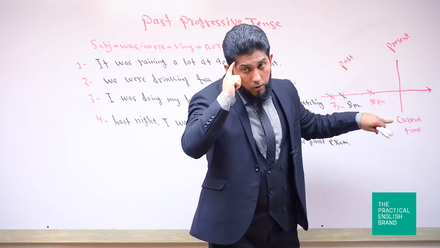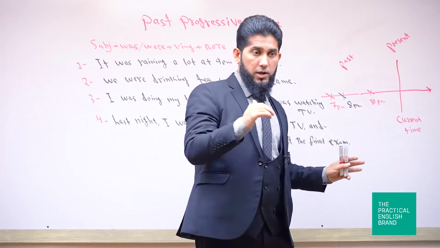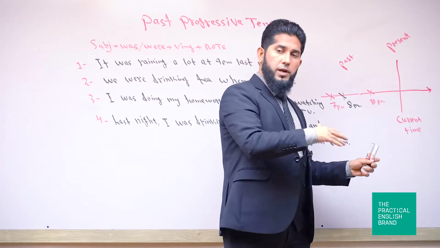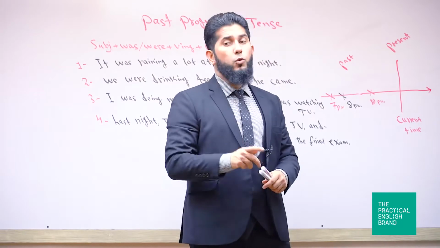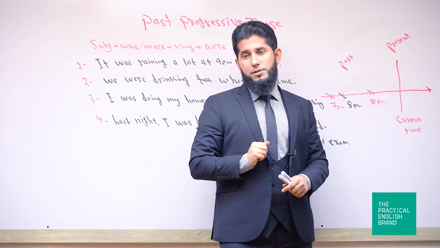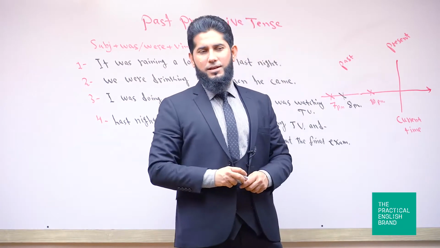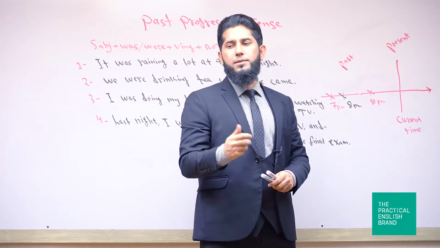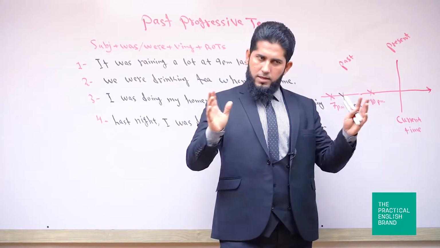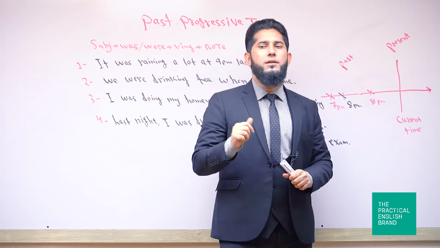Now, you know that you were busy with something at 9 p.m., because the action started at 7 and it finished at 10, right? So which tense do you use in this case? You use past continuous tense. You say, I was reading my books at 9 p.m. last night. I was reading my books at 8 p.m. last night. You got the idea? Is it clear?